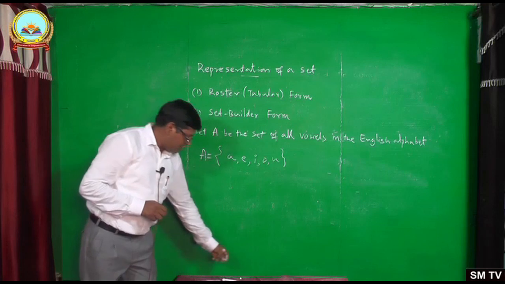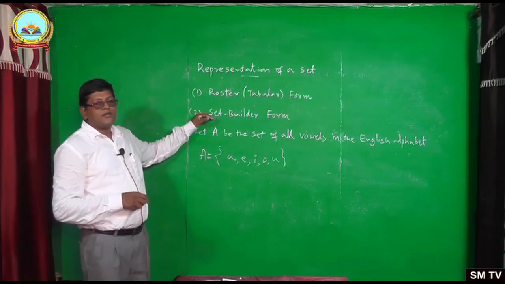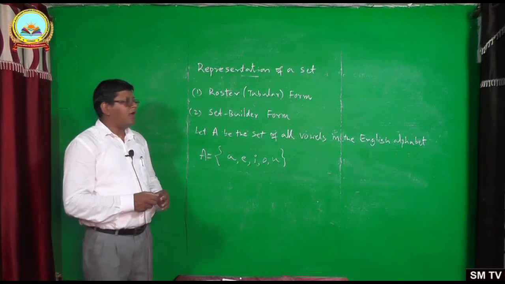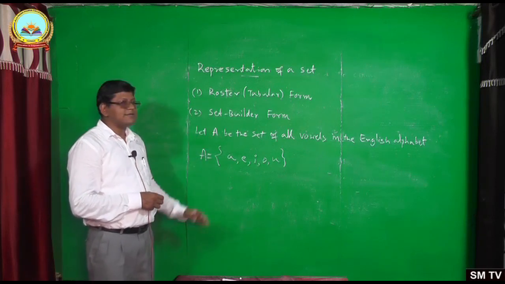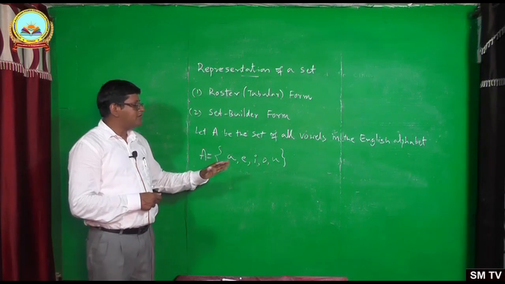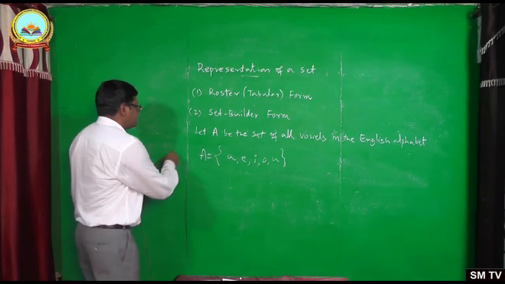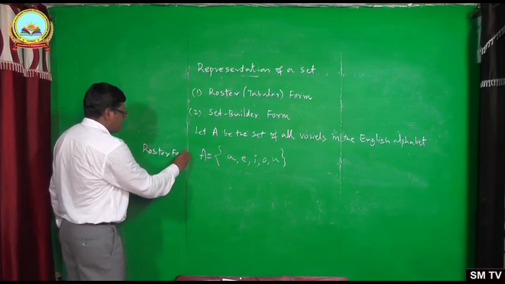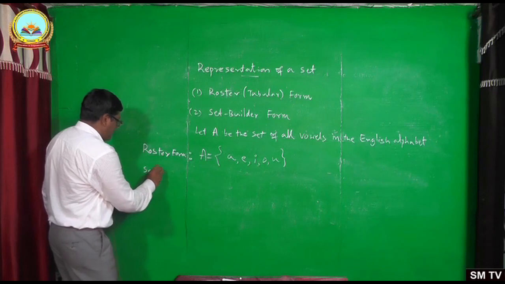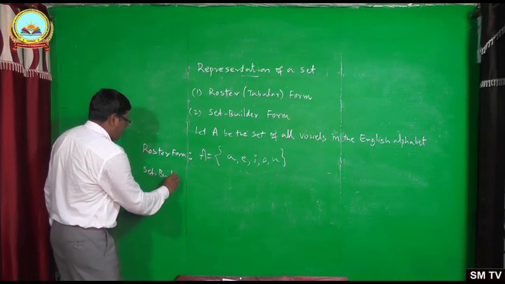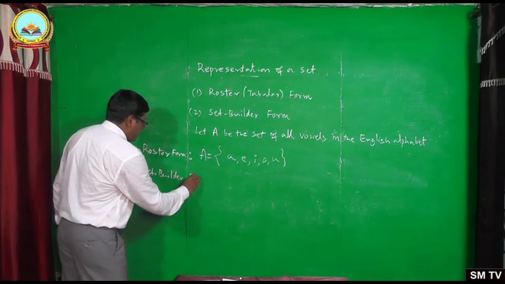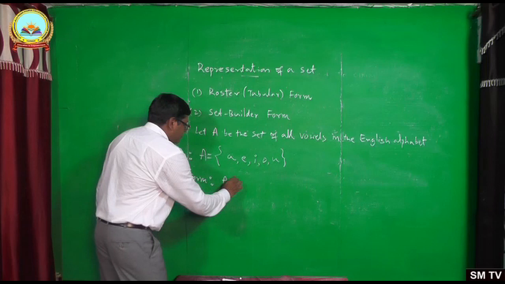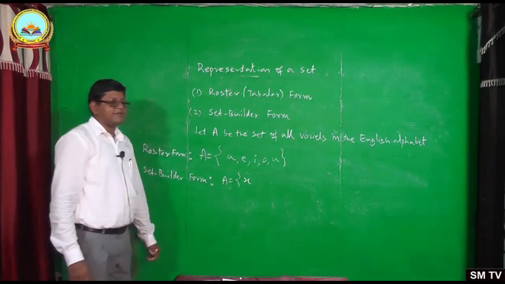Next, in set builder form, we just write a general element and we state the common properties satisfied by all the elements of the set. So, this is the roster form. Next, set builder form. In set builder form, we just write a general element x.